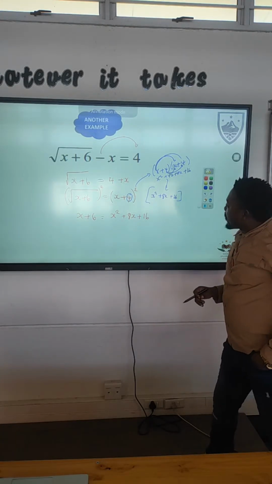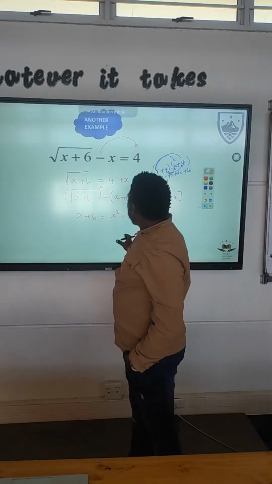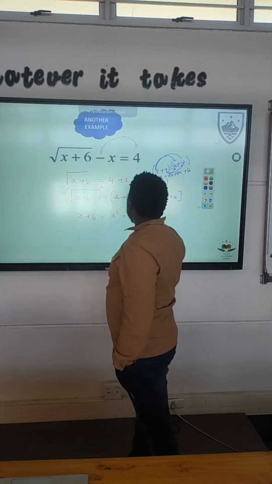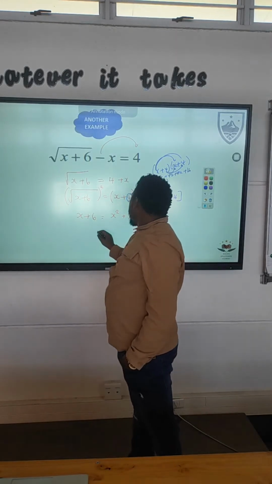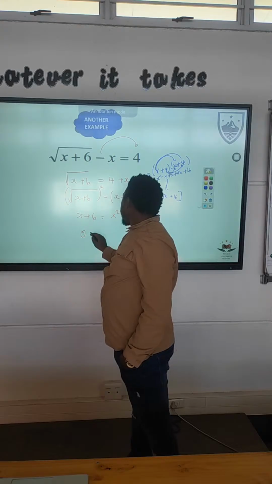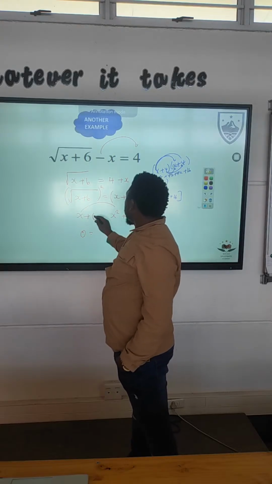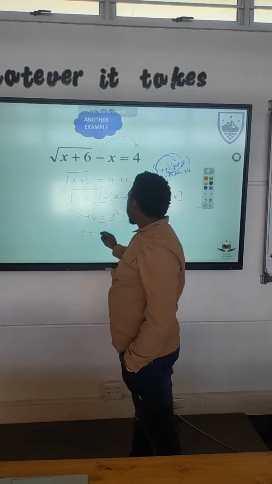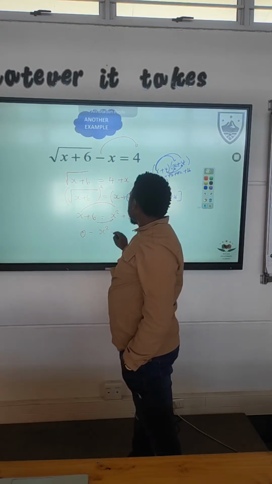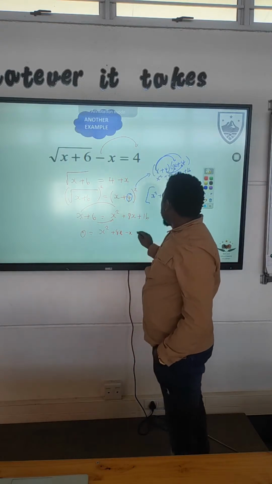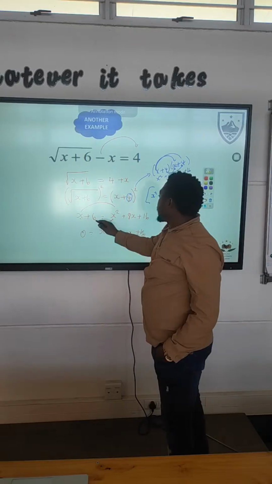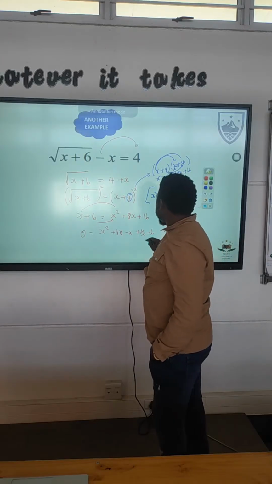And then as we move on in our problem, you can say you're transposing everything to the other side so that you don't deal with the x squared, which is negative. So you will say 0 on this side, and transposing this to the other side, transposing that to the other side, we're going to have x squared plus 8x minus x, which was coming from the side, and then plus 16, and then minus 6.